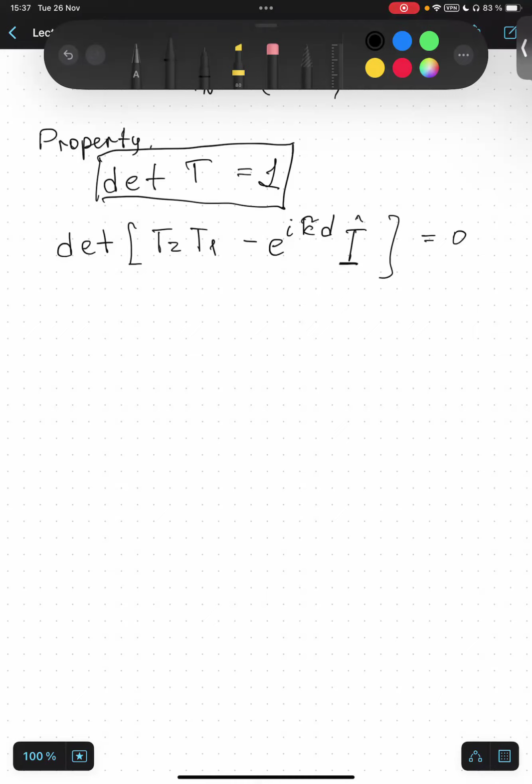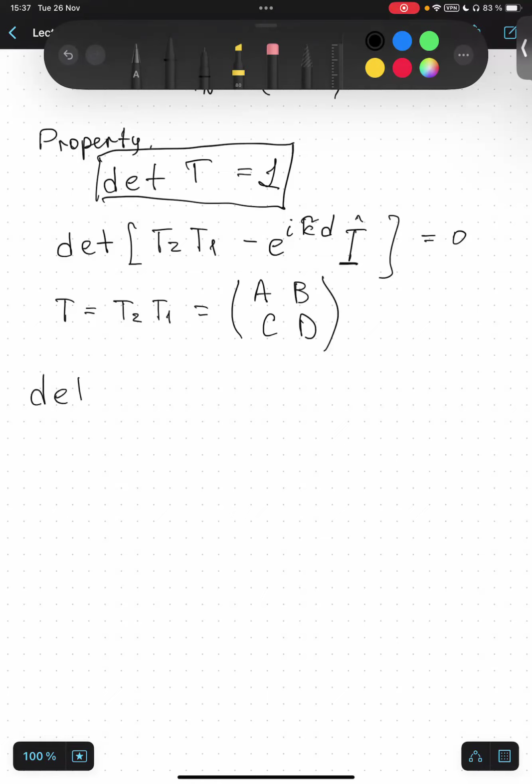So let's find it. For simplicity, we know that T is T1 multiplied by T2 multiplied by T1, and let's call it the A, B, C, D matrix for now, just for calculations.